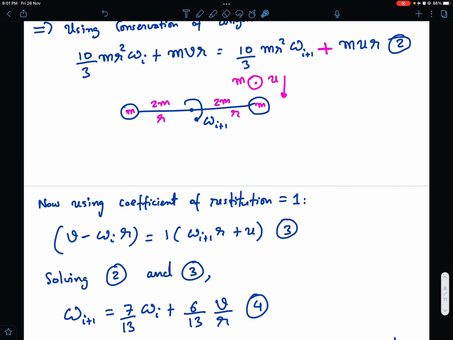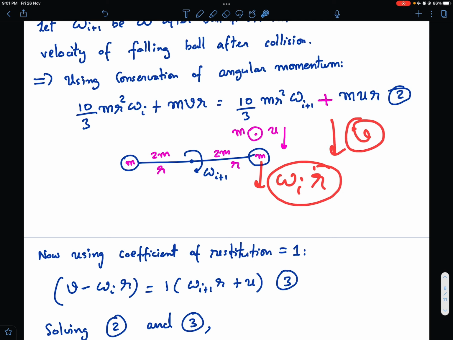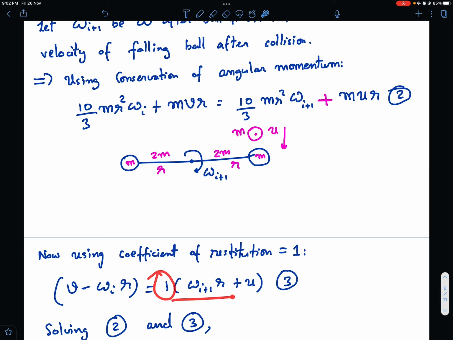So what is the restitution equation? The initial velocity of approach is v minus omega I r. See, this had a velocity of omega I into r in the downward direction, and the incoming ball had a velocity v. So what was the velocity of separation? Velocity of approach was v minus omega I r, and velocity of approach should be equal to e times velocity of separation.